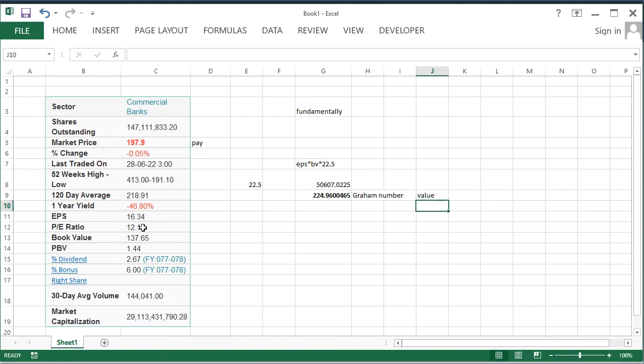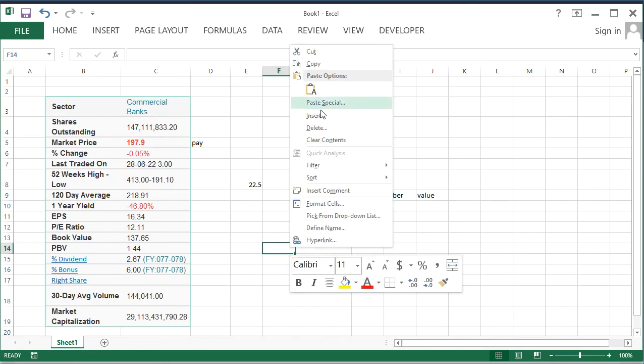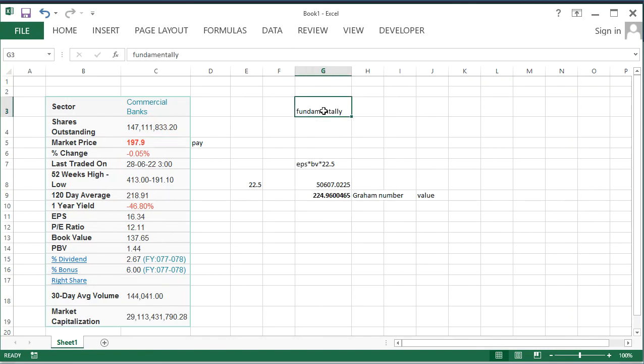So you can see we have to pay below the value. The value is higher. This is a really good investment, fundamentally. I'm talking about fundamental analysis. So this is one way to address Graham's number and the market value.